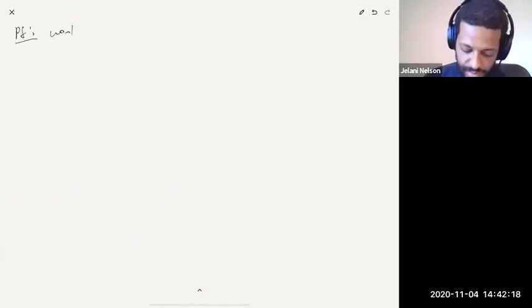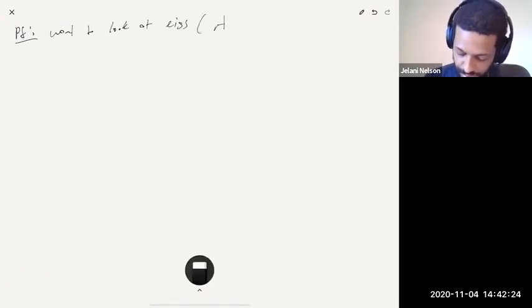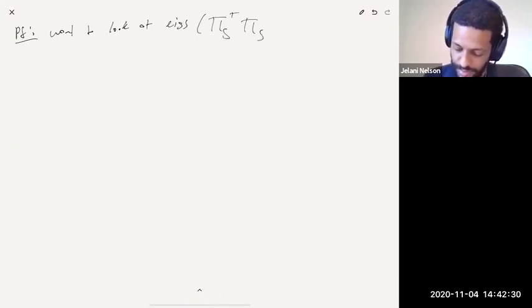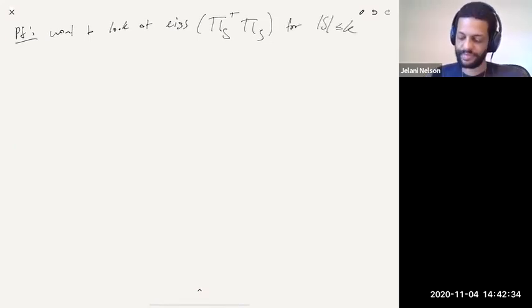we want to look at the eigenvalues of pi S transpose pi S for S having size at most k. So pi S is just the columns that are in S, where S is a subset of columns.